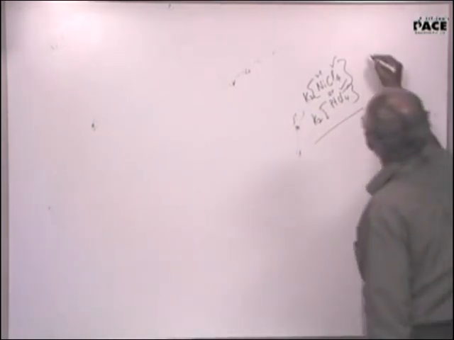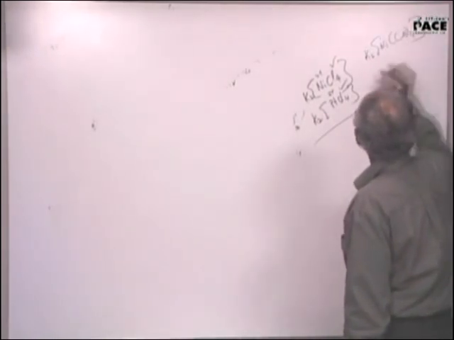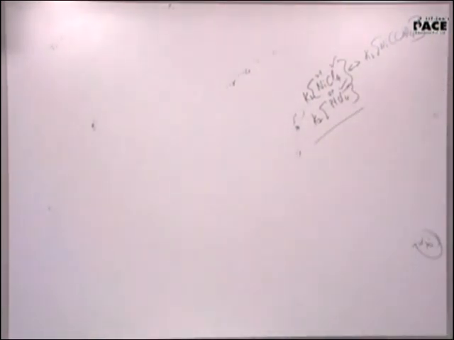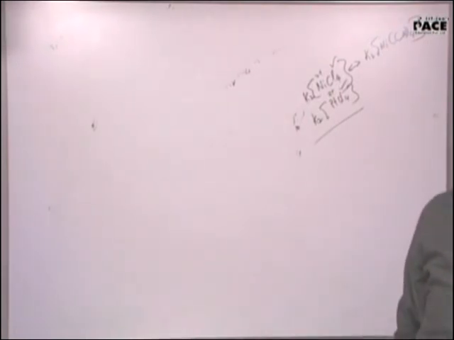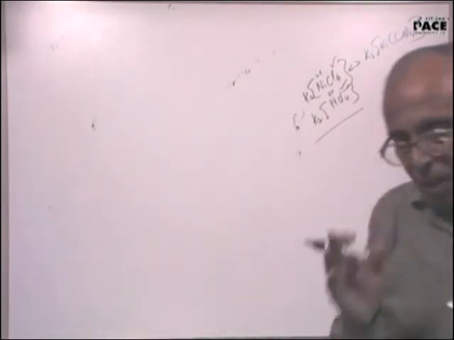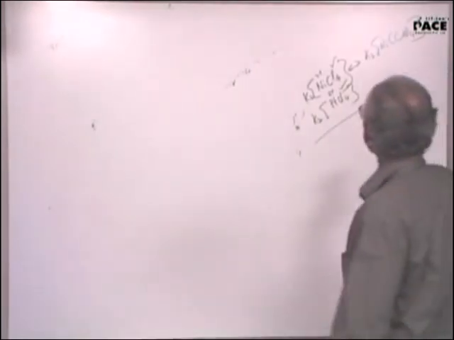If I compare chloride versus cyanide, cyanide is a pi acceptor type ligand, so the metal-ligand interaction is stronger. So it will be more stable than NiCl4 2 minus. So it depends upon both the metal as well as the group with which it is attached.